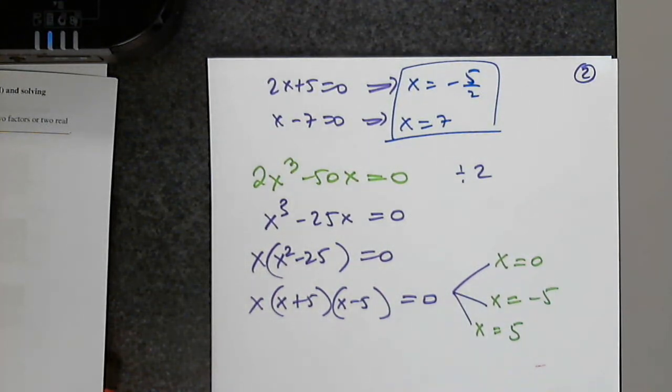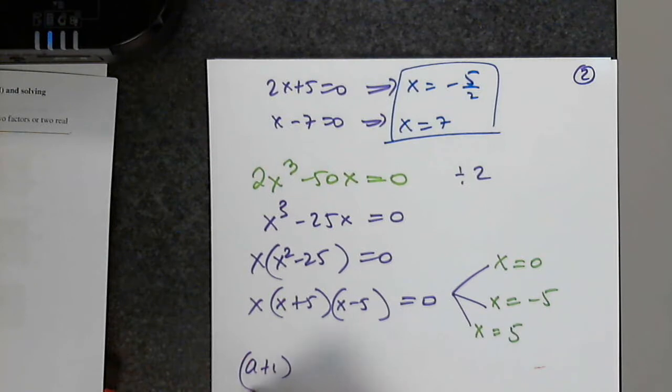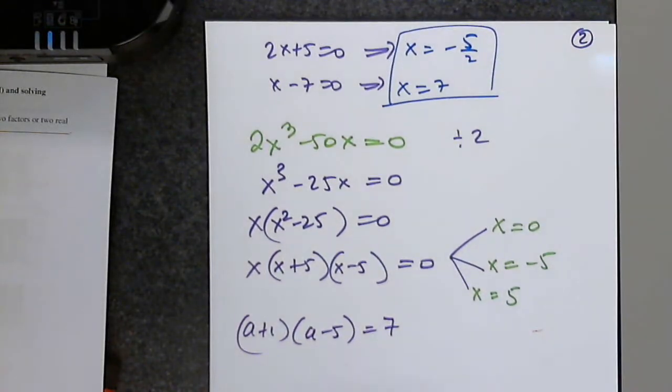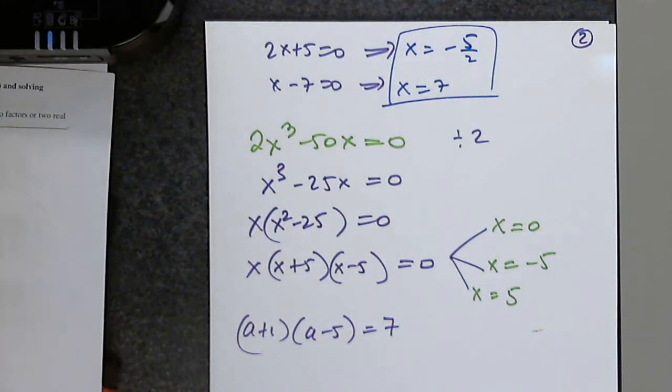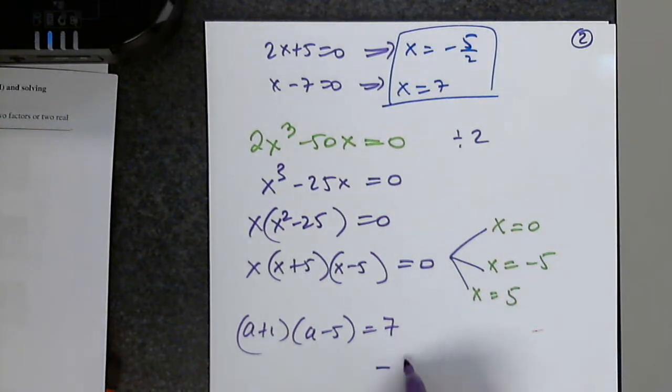Next one. a plus 1 times a minus 5 equals 7. The zero product principle requires 0 on one side and a product on the other. What should I do first? Yes. Very good.